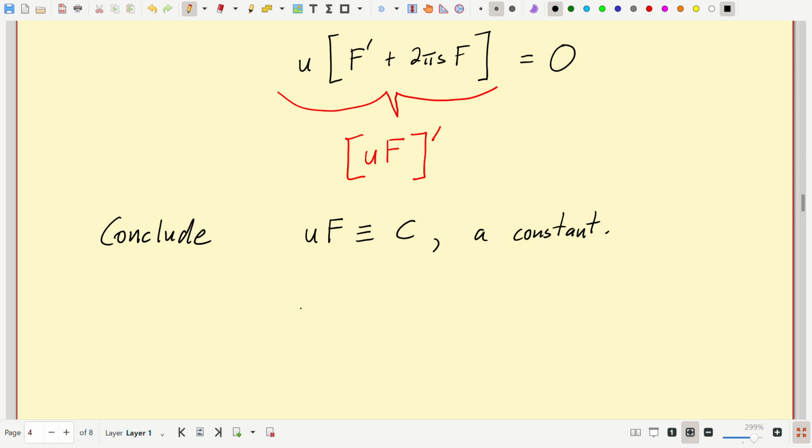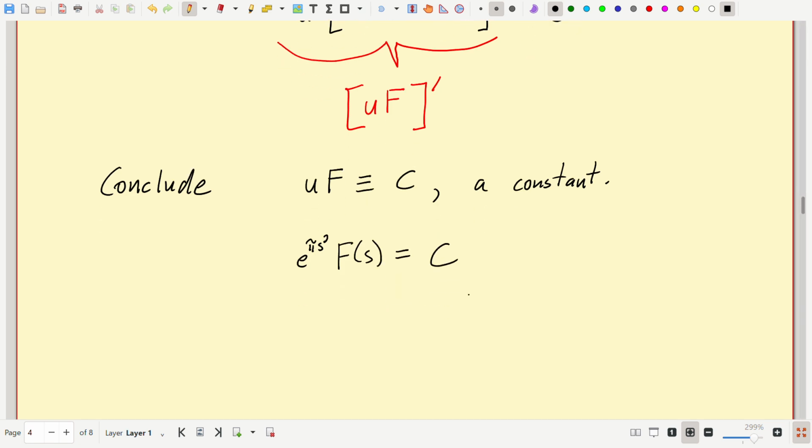So we have e to the pi s squared times f of s is a constant, and so f of s is a constant times e to the minus pi s squared.